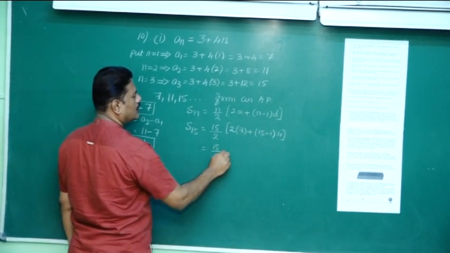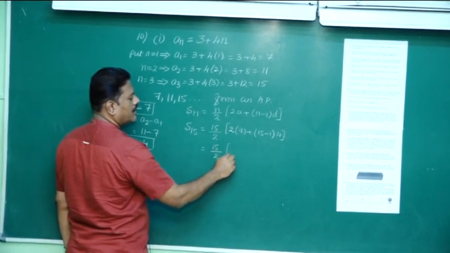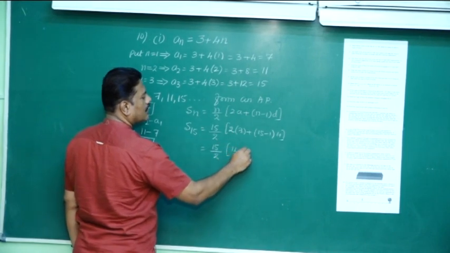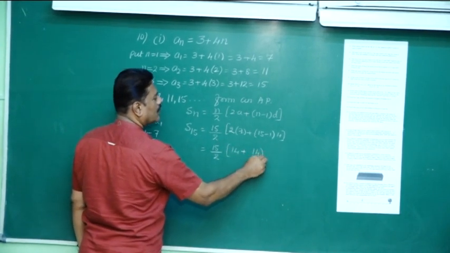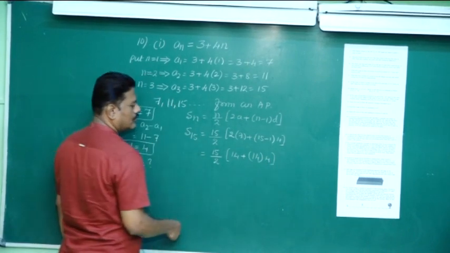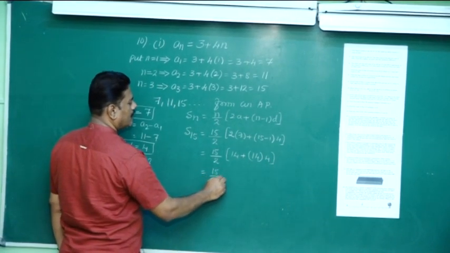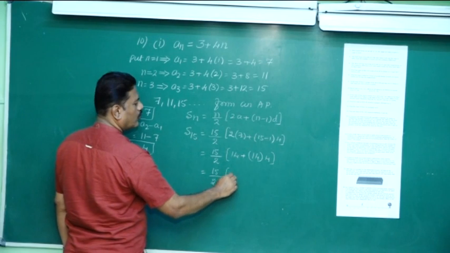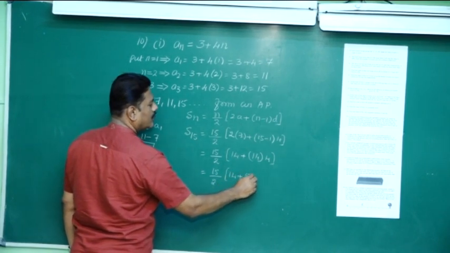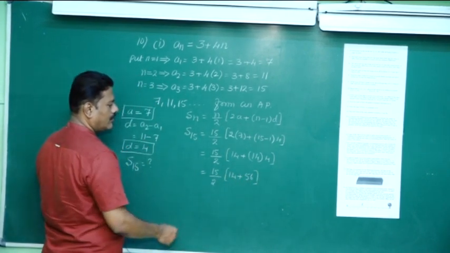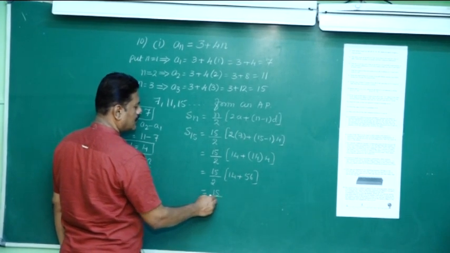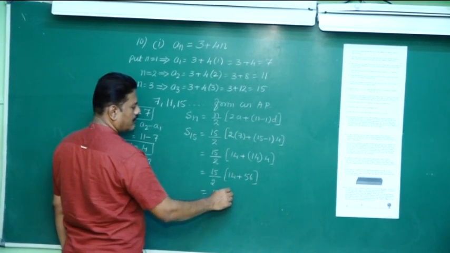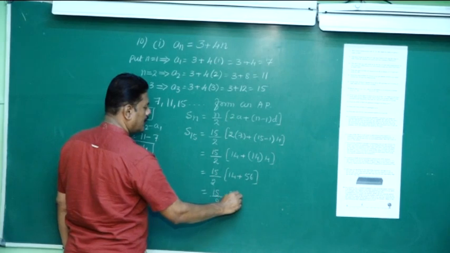S15 = 15/2 [2 into a, which is 7, plus (15 - 1), d is 4]. From 2 it will not divide exactly, you keep it as it is. 2 7s are 14, 15 - 1 is 14, 14 into 4. 14 4s are 56. 56 + 14 is 70.